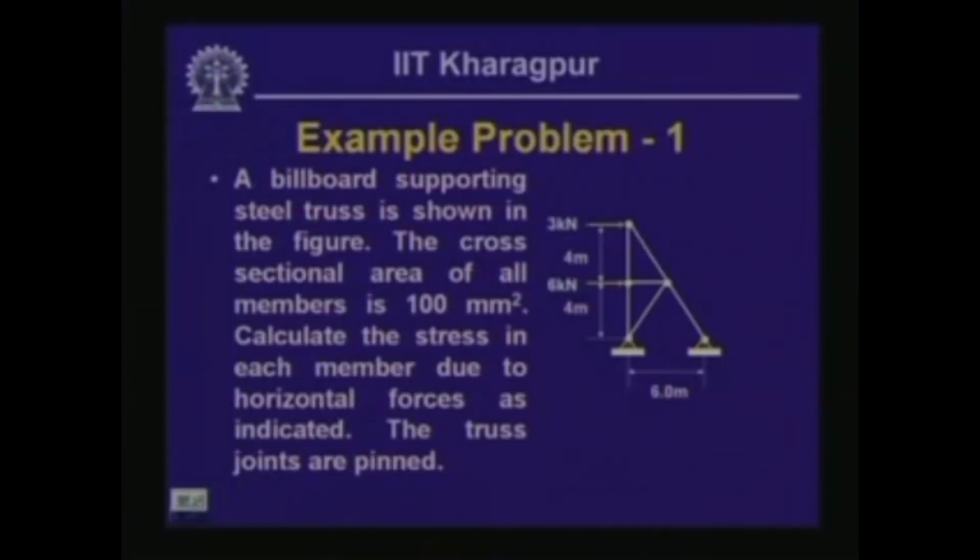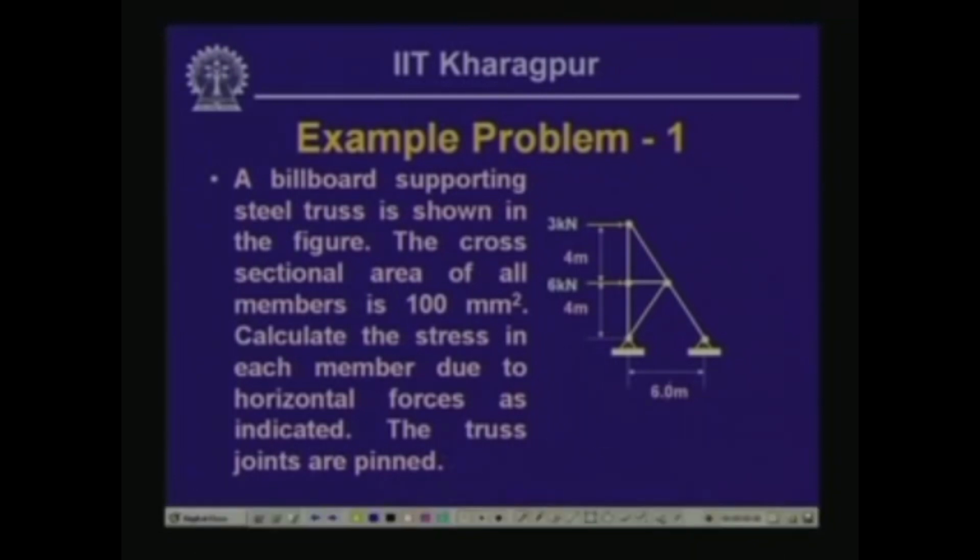Now, we come back to the example which I had given you last time. This is related to the evaluation of the stresses at different points. This is a truss in which members are supporting a billboard.